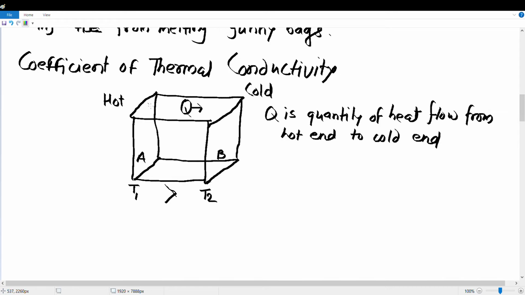As I already stated, conduction is a process in which the individual molecules collide with their neighbors.